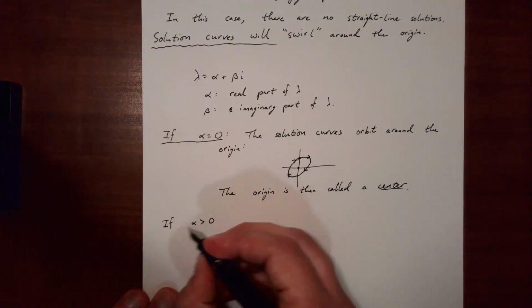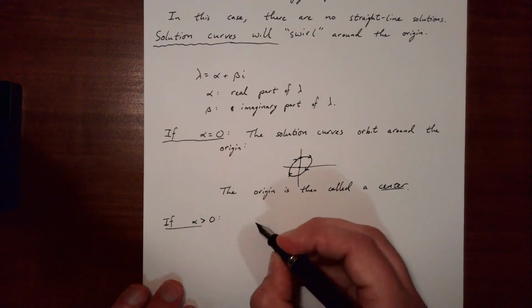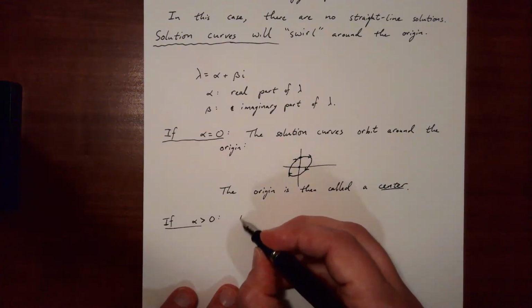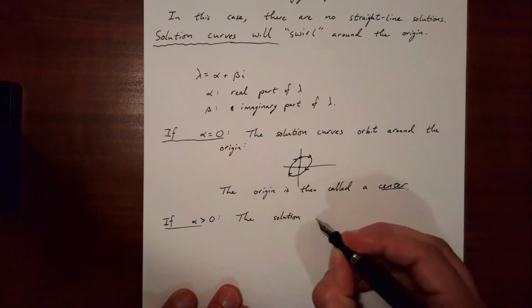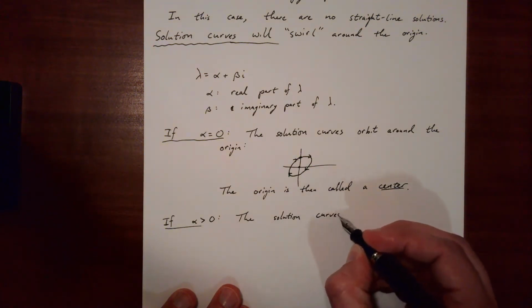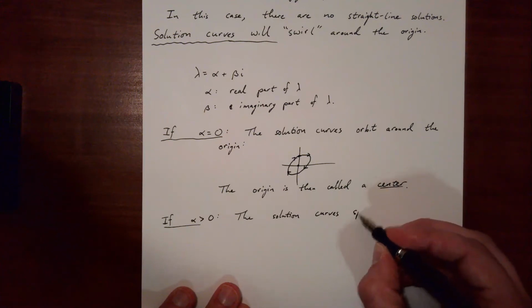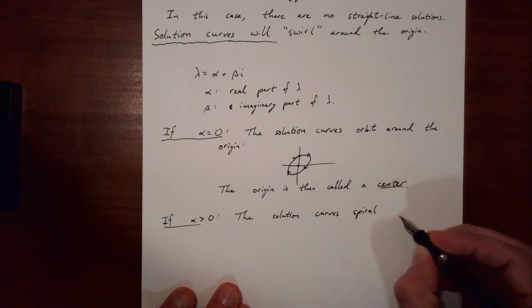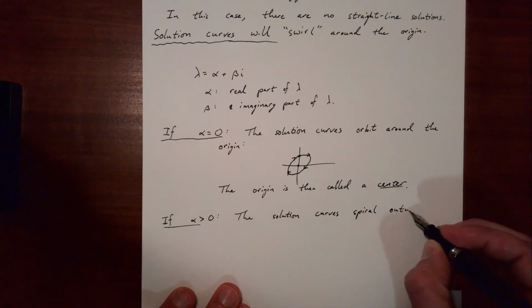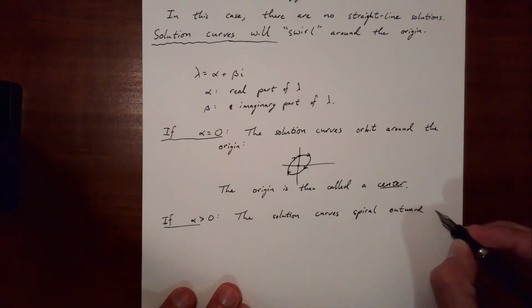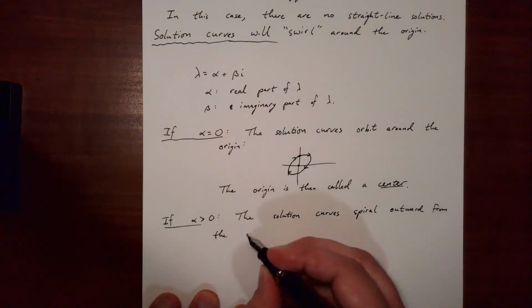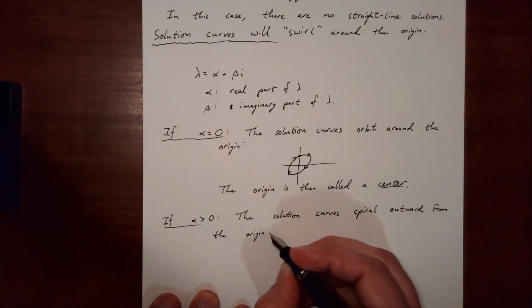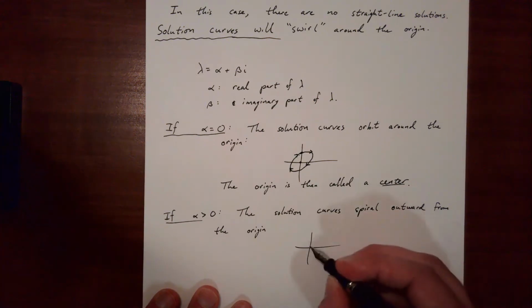If alpha is not equal to 0, then there are two possibilities. Either it's greater than 0 or less than 0. So if alpha is greater than 0, the solution curves spiral outward from the origin. And so what that looks like is you see something like this.